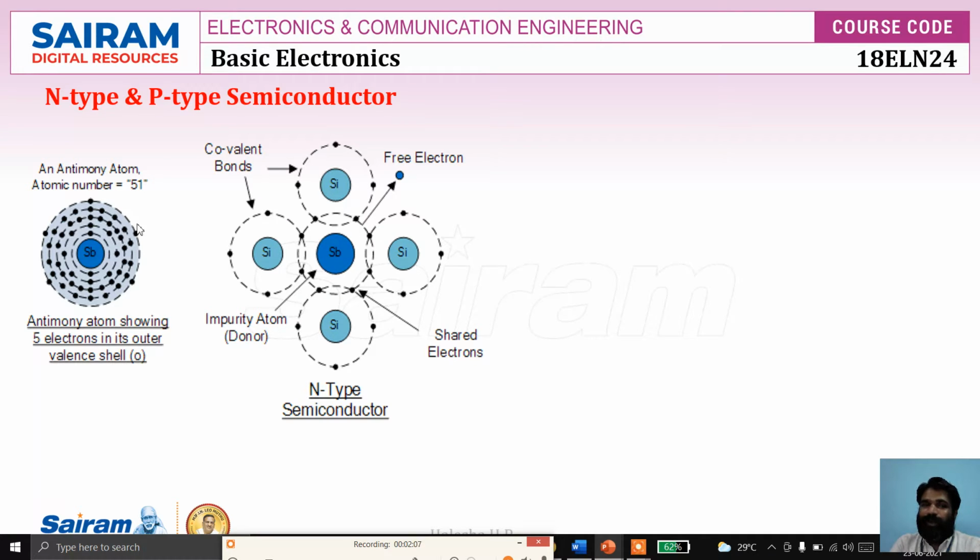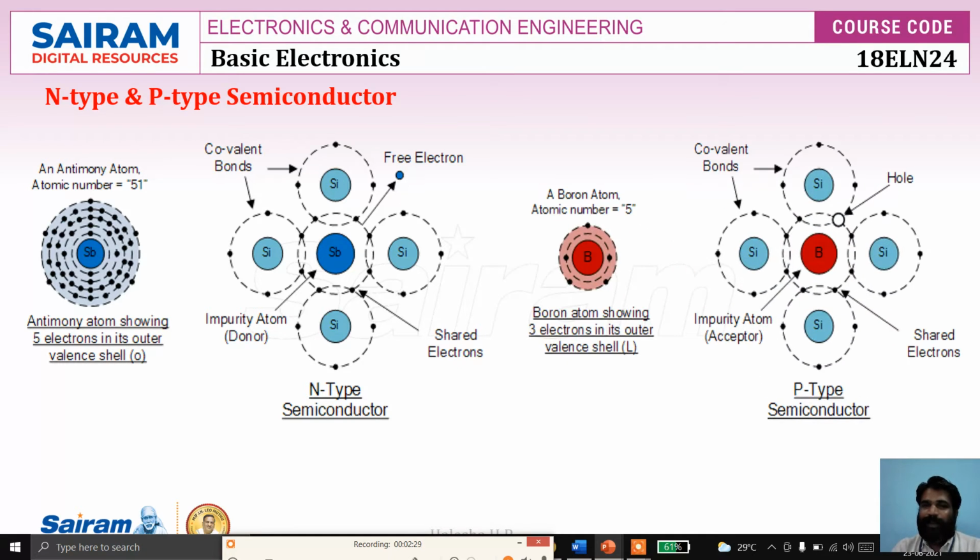So we have 5 electrons in the outer shell, and 1 electron becomes free. So 4 electrons are shared with the surrounding silicon atoms, and 1 electron becomes free. So this is N-type semiconductor. In N-type semiconductor, electrons are majority charge carriers.